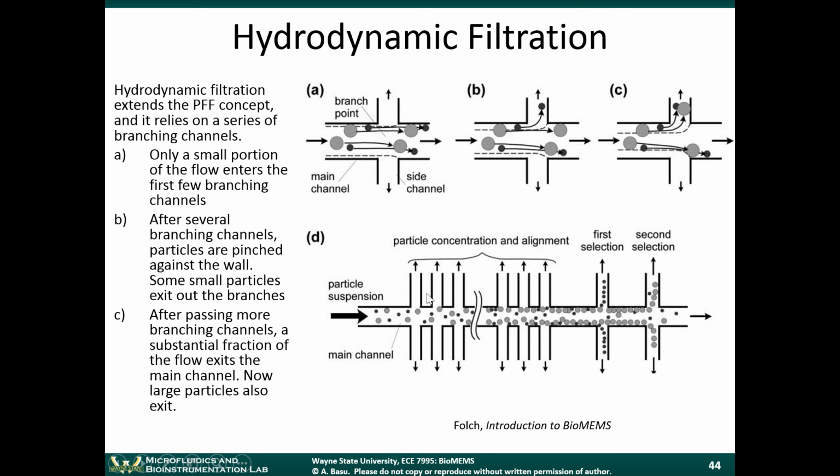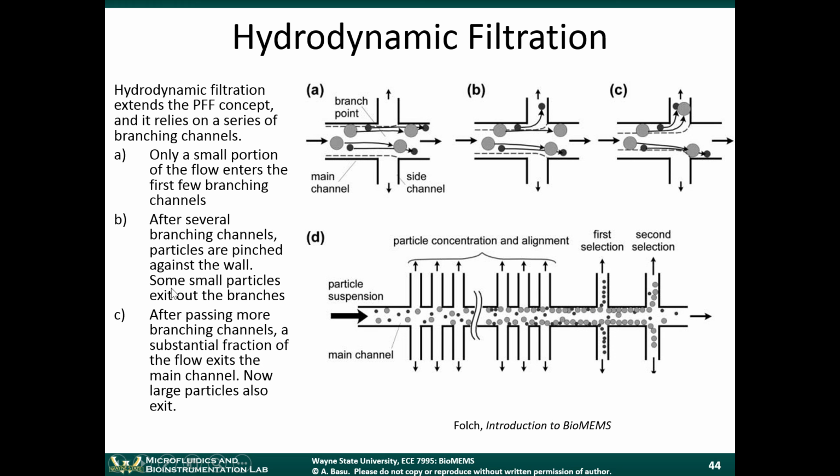So when we're pulling fluid out of these branching sections, particles get pushed towards the sides, and eventually the small particles actually go out through these branch sections. Why? It's the same reason as before. First, okay, this is part B. Several particles are pinched against the wall.